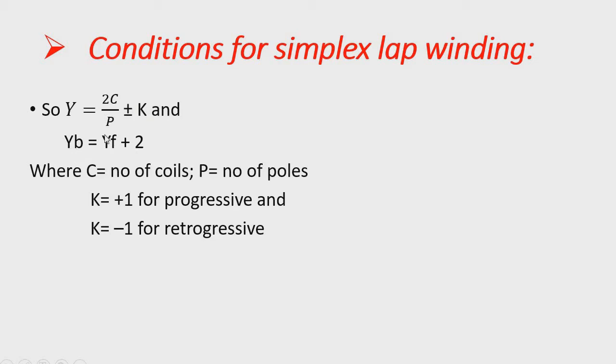So simply we can get the value of YF by subtracting 2 from this YB. So YF is given by YB minus 2, where C is the number of coils which is given in the problem, P is the number of poles, and K is equal to plus 1 for the progressive and K is equal to minus 1 for the retrogressive, as discussed earlier.